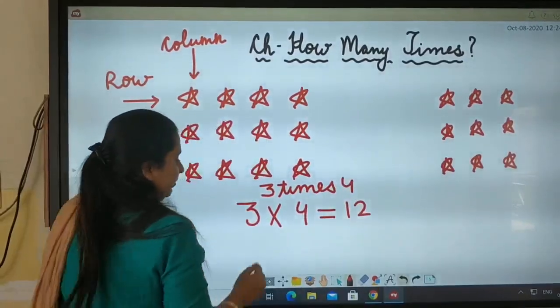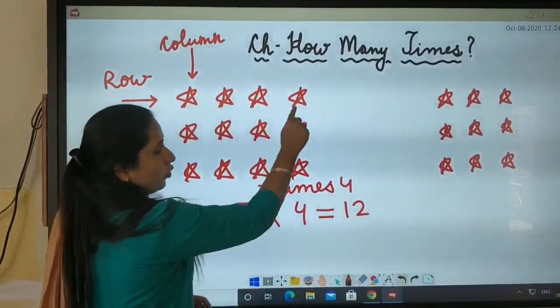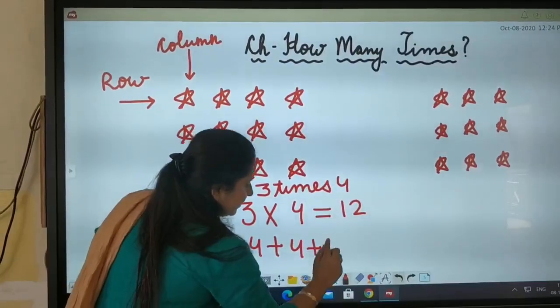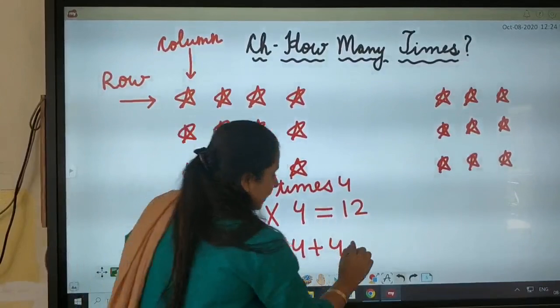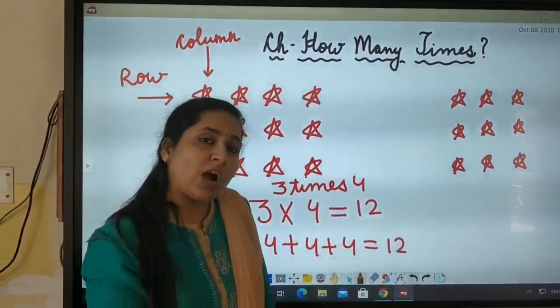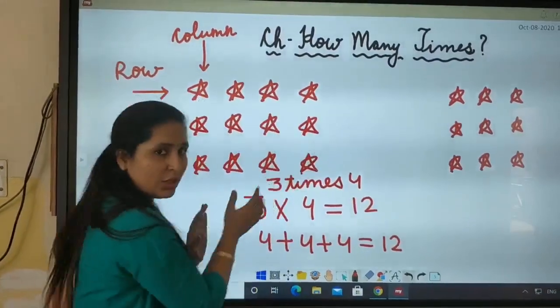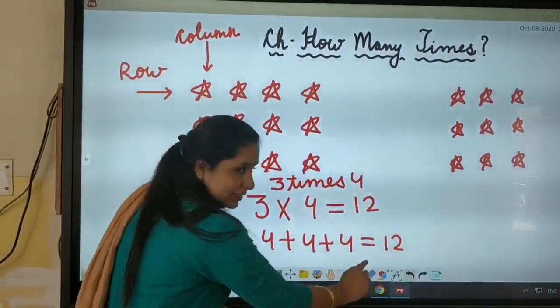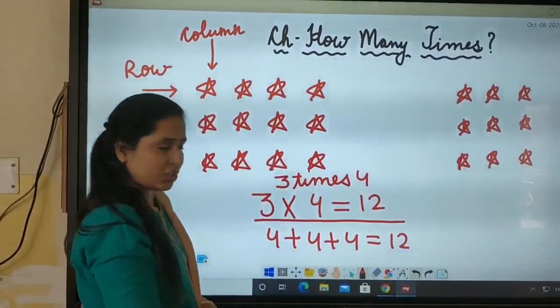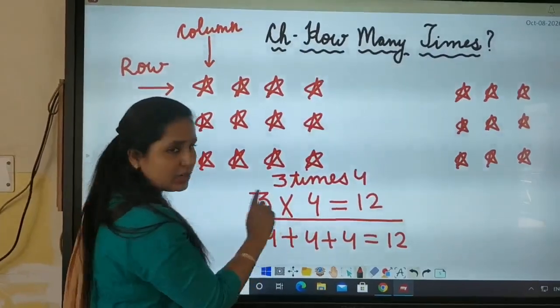It means we have counted the number 4 three times. So how can you write it using the addition sign? 3 times 4 means this. The answer will be the same. But instead of counting all the stars or writing like this, we can simply write this using the multiplication sign. This is the multiplication sign.